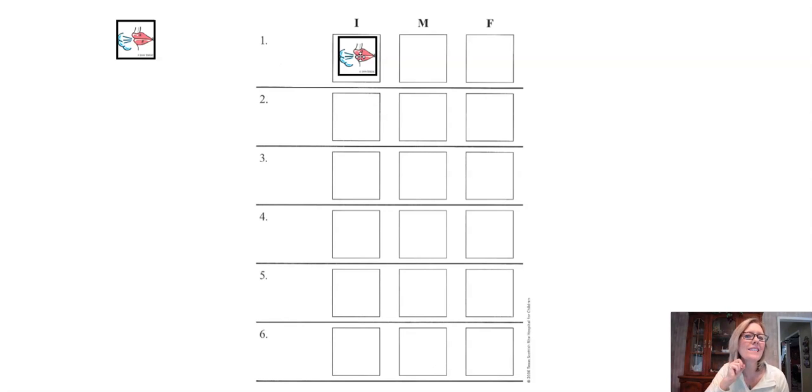Where was that B sound in able? Okay, grab your card and place it. It was in the medial position. A-b-l. Remember, medial is going to be in between the first and last sound.